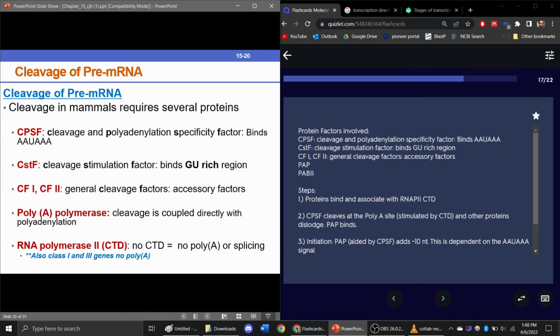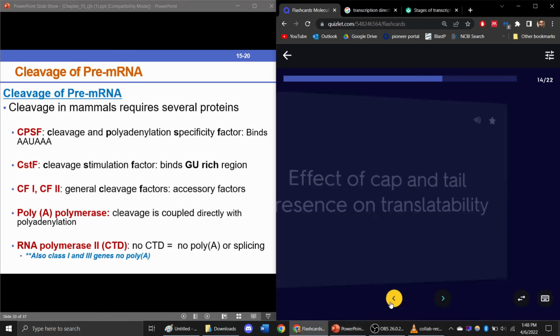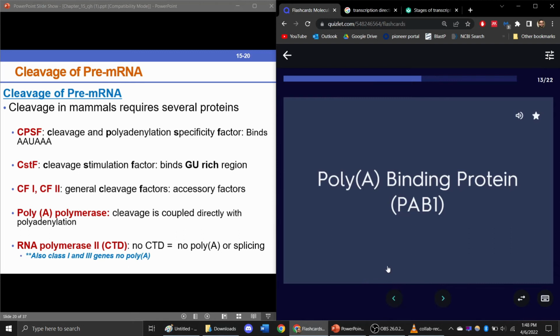And then obviously you're going to need your poly-A polymerase. It's going to be involved in this polyadenylation process like we talked about before. And your PAB2 is also going to be part of that. We talked about PAB2, did we? No, we talked about PAB1. Okay.